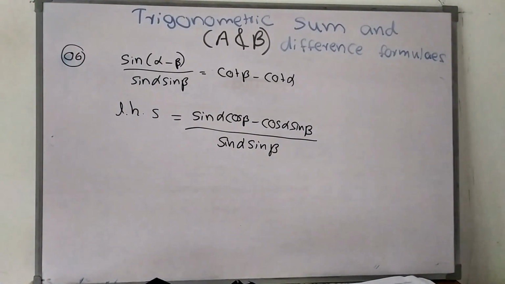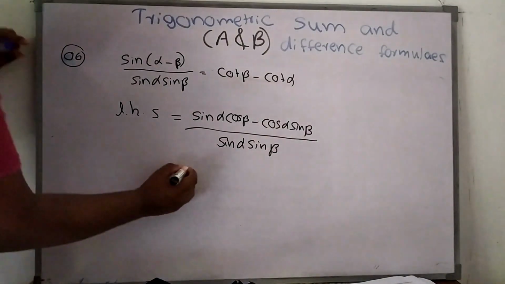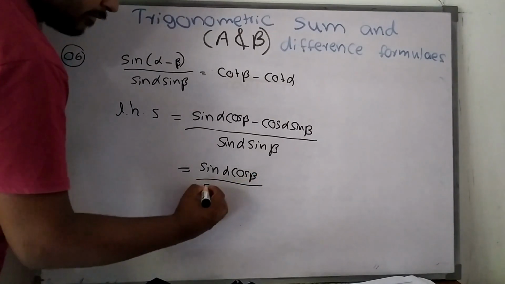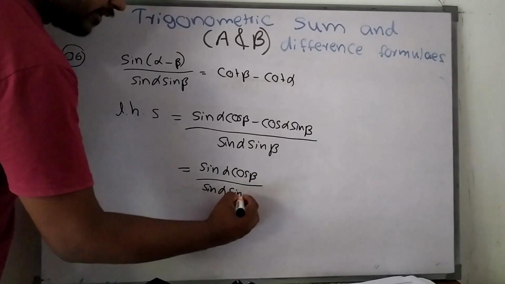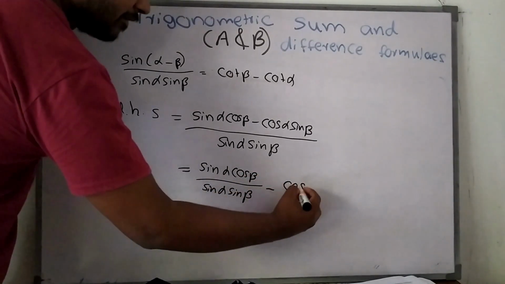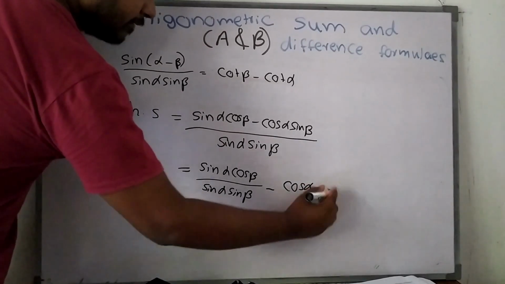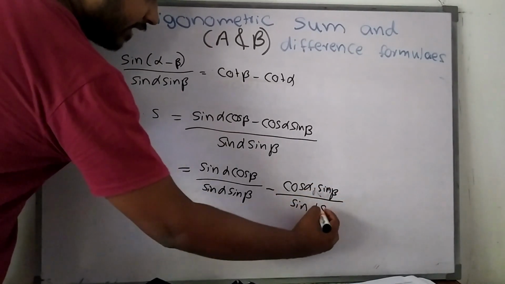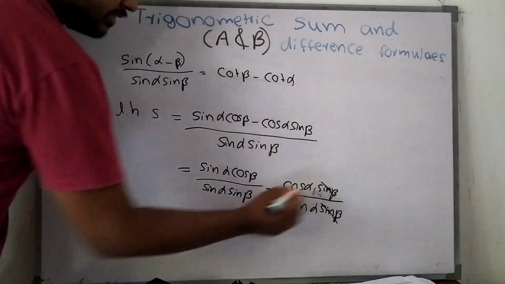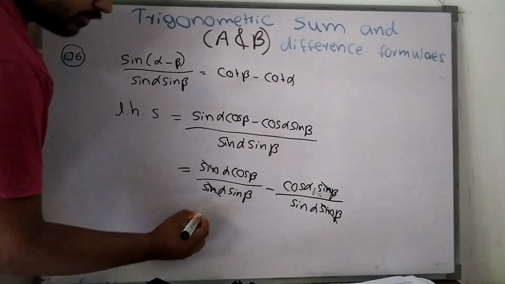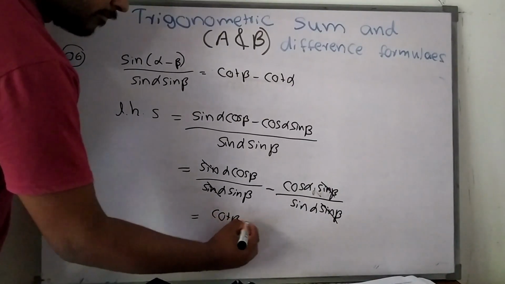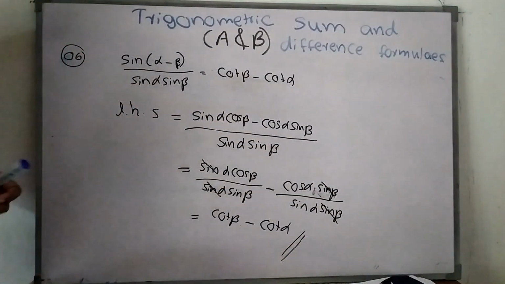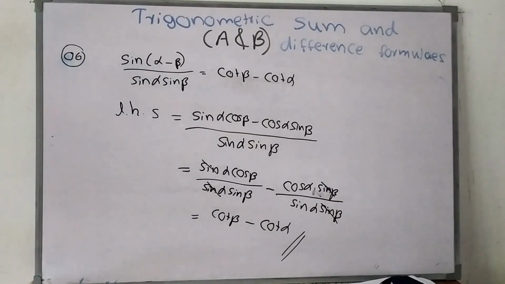Then I'm going to divide it individually: sin alpha cos beta over sin alpha sin beta minus cos alpha sin beta, which is divided by sin alpha sin beta. These are getting cancelled now. Then this is cot beta minus cot alpha. This is my answer of the equation.